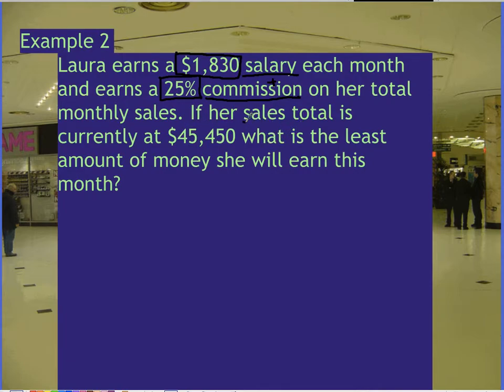And we need to know that her sales is $45,450. And what is she going to earn? So the question, obviously, we need to highlight. We're saying what is the least amount of money she'll earn, because this tells me that the month isn't over, so she could make more sales and earn more money. That would be nice.